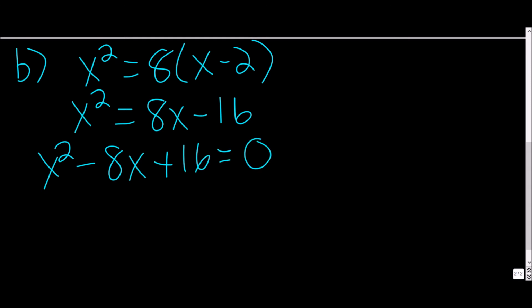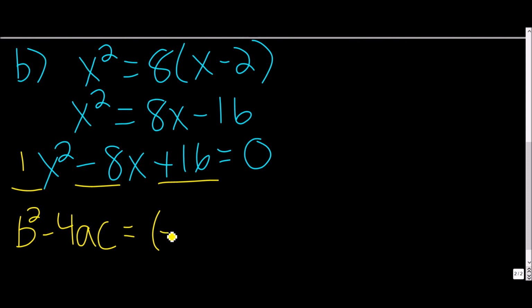So we're set up to go ahead. Now, our a value, remember, is a 1 because we don't have any term there. B is a negative 8 and C is 16. So when we look at b squared minus 4ac, this is going to be negative 8 squared minus 4 times 1 times 16.